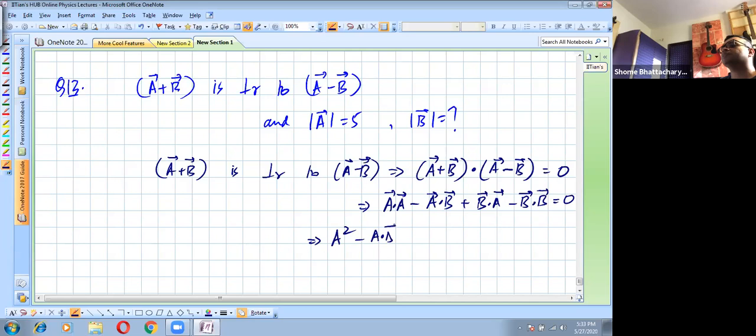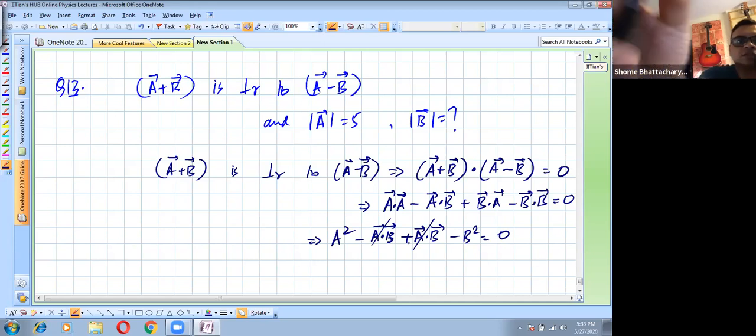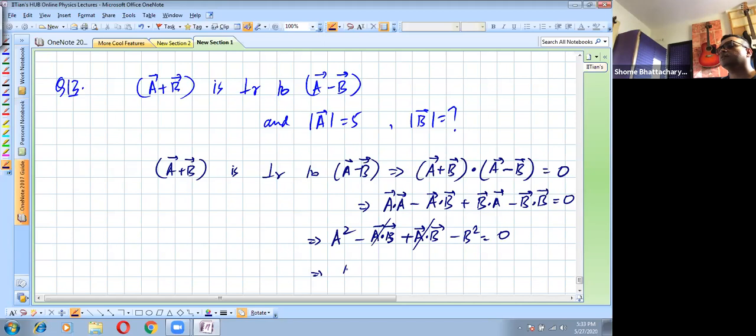A dot B is the same thing as B dot A, so you are using the commutative property. So this term and this term cancel out. And finally, A square minus B square is 0.